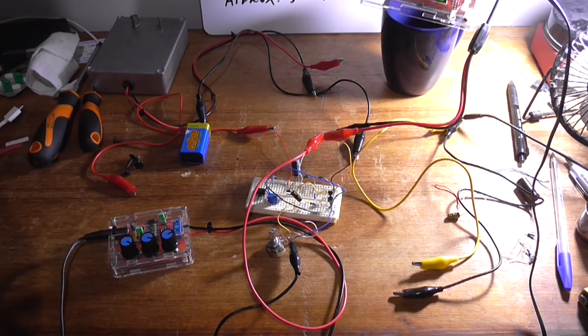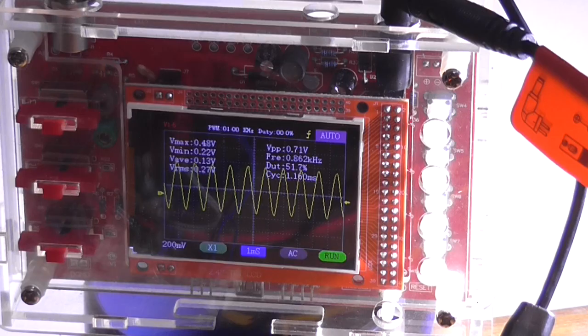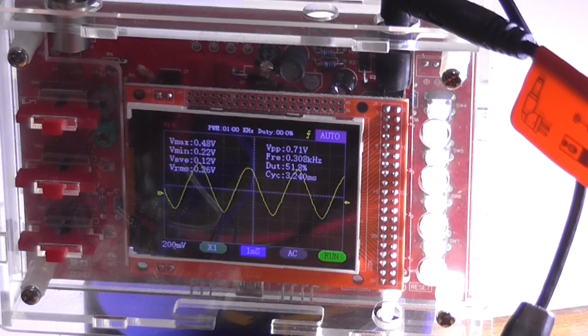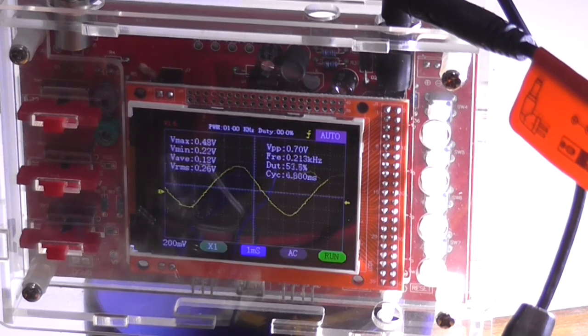Right, so now I suppose the prudent thing to do would be to measure the frequency response of this little circuit, which is going to be hard with an oscillator like that. I don't really need this thing cranked all the way to full volume. Now we're at roughly 0.147 kilohertz, so that's 147 hertz.